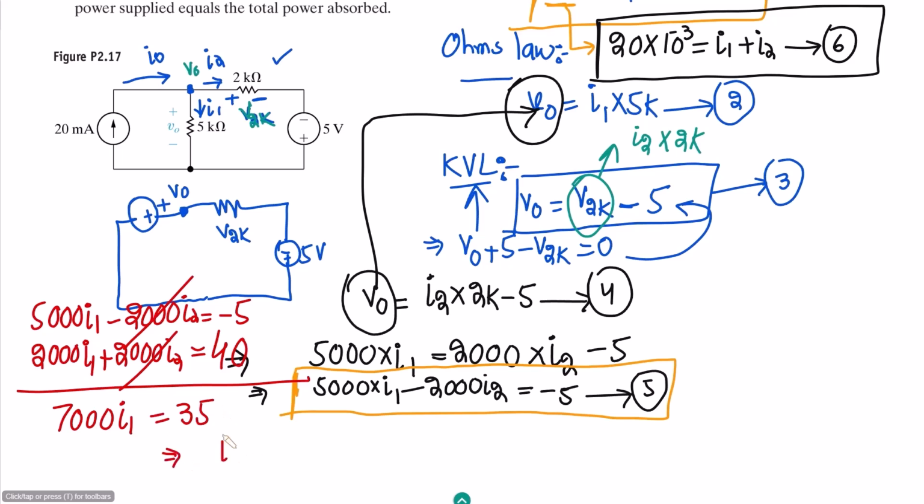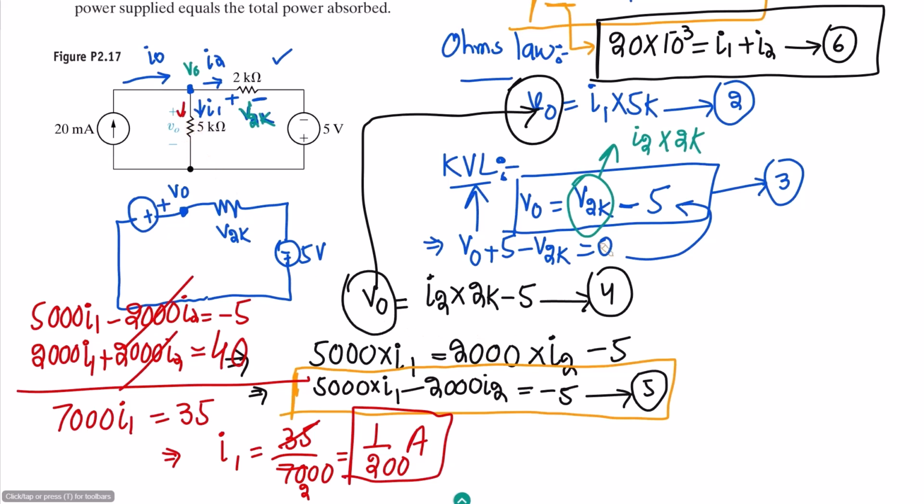From it, the value of I1 will be 35 divided by 7000, so it will be 1 over 200 amps. This is the value of I1, which is the current here.